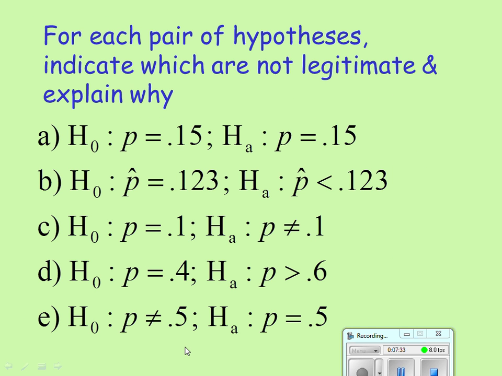All right, so let's look at the correct way, or things that are legitimate or not legitimate in the way that we write our 2 types of hypotheses. So take a look at A. Are you allowed to write P is equal to 15% for your null hypothesis, and your alternative hypothesis is also P is equal to 15%?